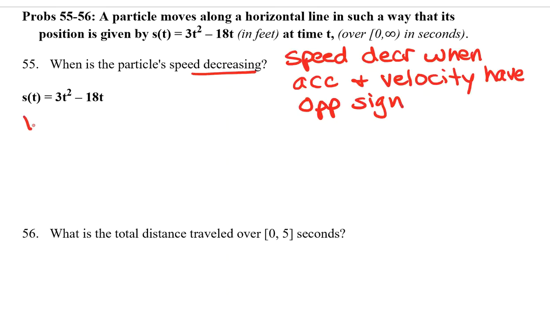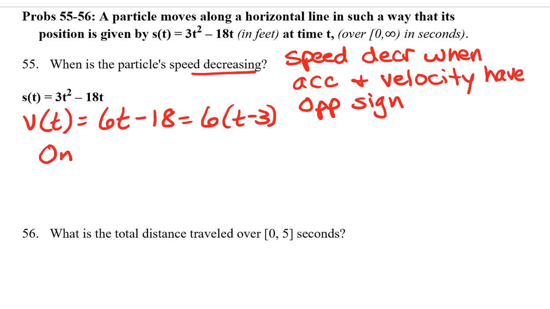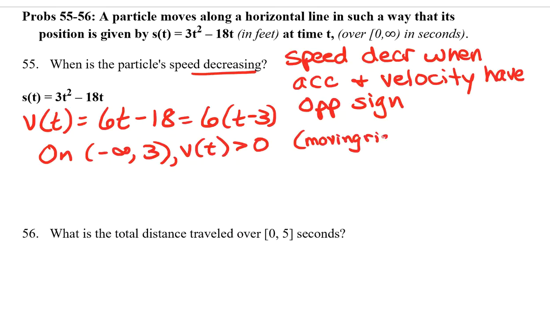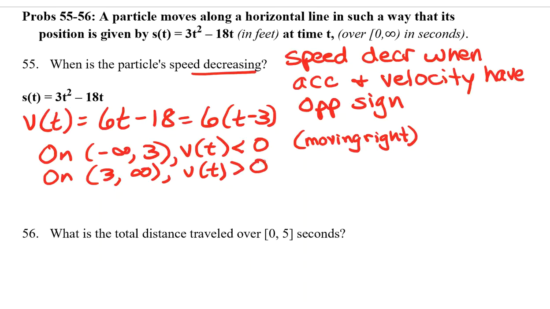So let's see what we know here. The derivative of position is velocity, so here we'll have 6t minus 18. And if we factor that, we can see that from negative infinity to 3, v of t is negative, and then when we get bigger than 3, the velocity is positive.